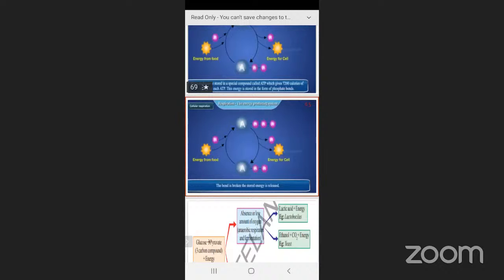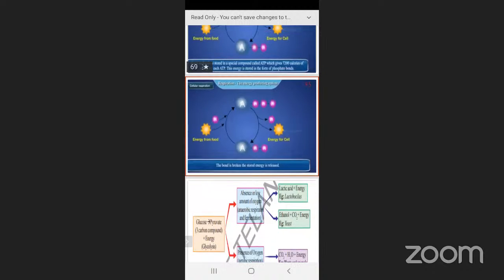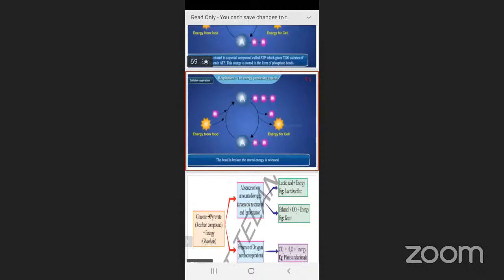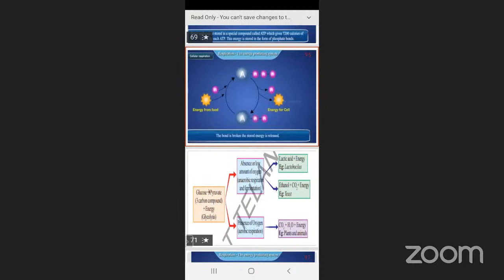When oxygen molecules are added, the phosphate bonds break down. When the phosphate bonds are broken by utilizing oxygen, which is called the oxidation process, the stored energy is released. That's why oxygen is most required.